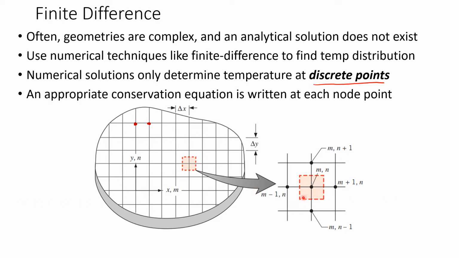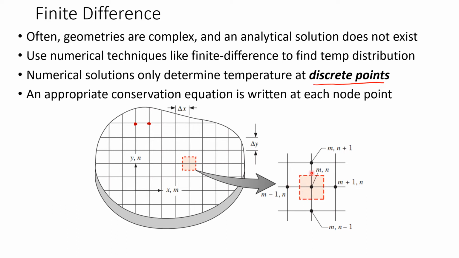The temperature of this entire element is estimated by the temperature at the center point, that is m comma n. So what we assume here is that the temperature of this entire control volume is whatever temperature it is at m comma n. That's the temperature of the node, which approximates the temperature of this element.